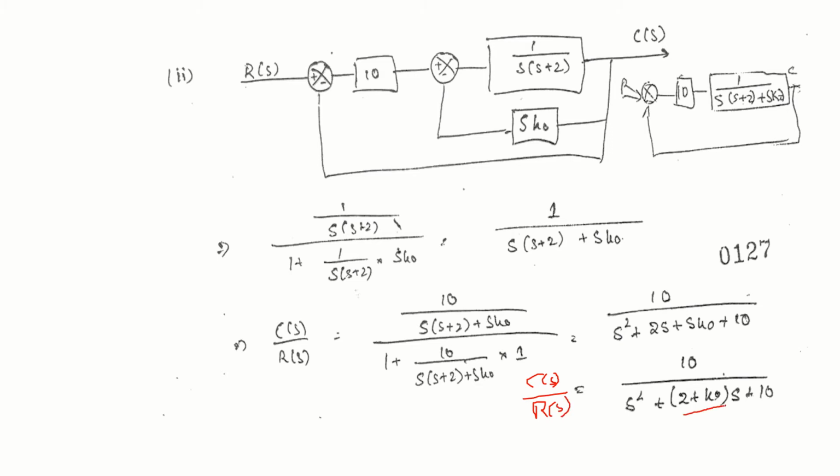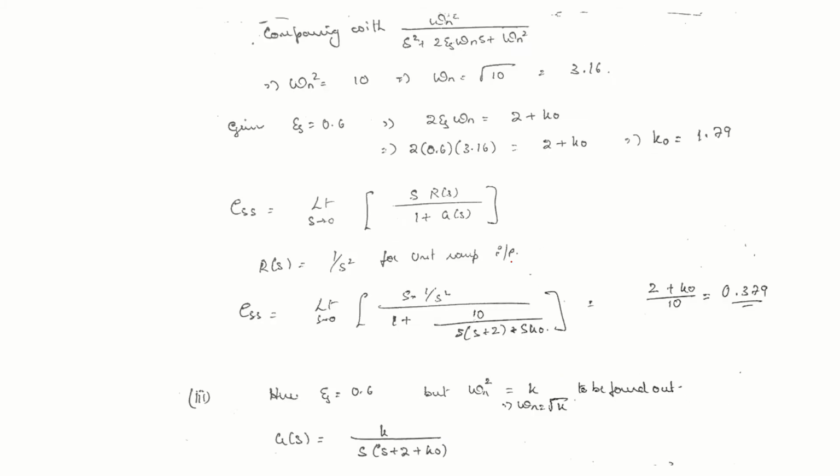Now you observe here, the coefficient of S is 2 plus K naught. So we get omega n square is 3.16 radians per second, and 2 zeta omega n is 2 plus K naught. Zeta he has given, omega n is available. From that you can find K naught.